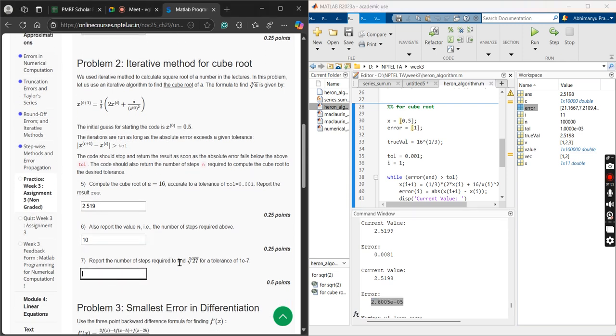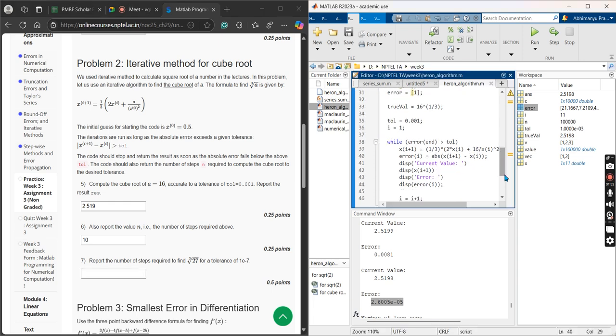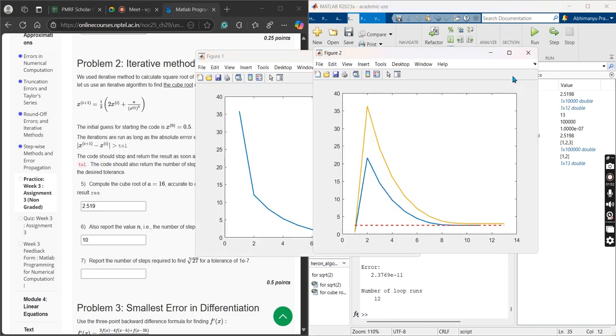Now we need this for 27, so I will change this to 27, and the tolerance is 1e minus 7. Fine. So I will run this section.